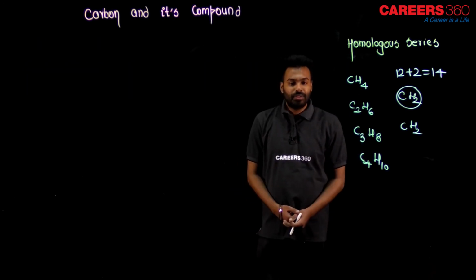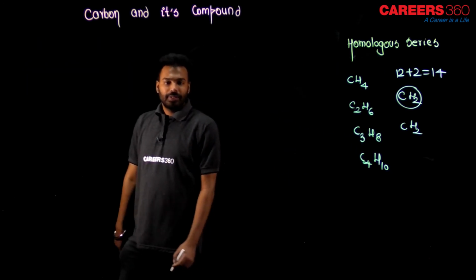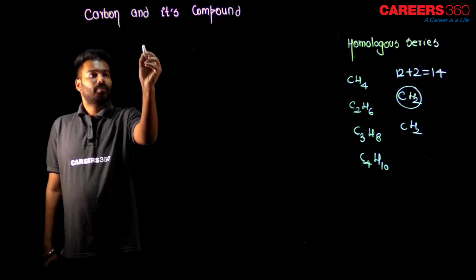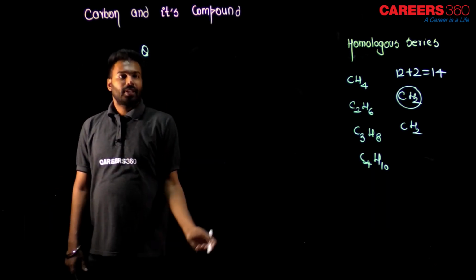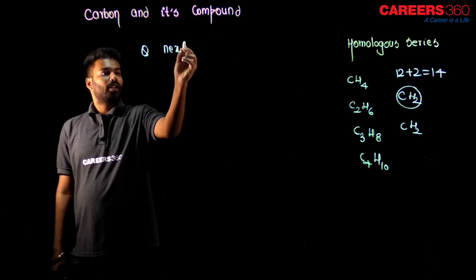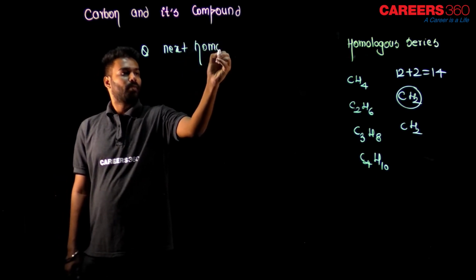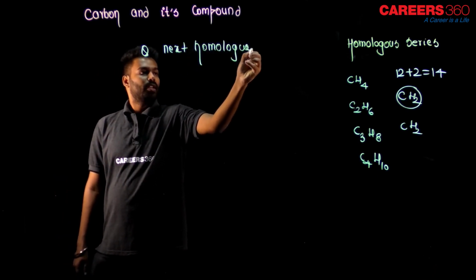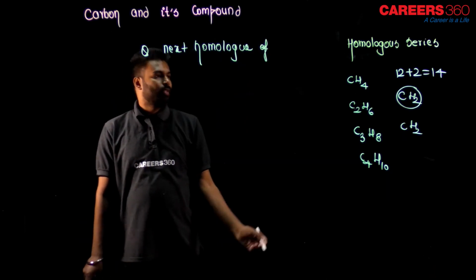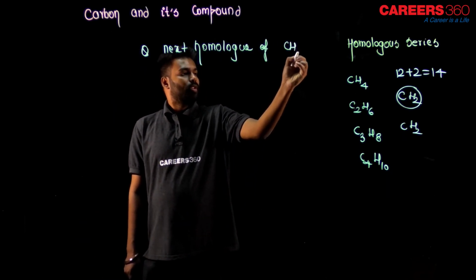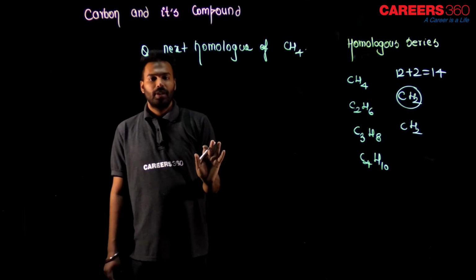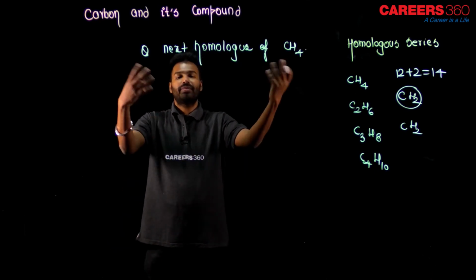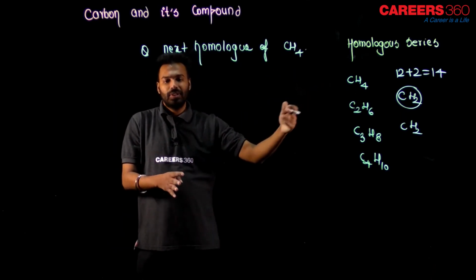See a few examples of homologous series. Suppose the question says, write the next homologue of CH4. They may ask the question in some other way, like the next homologue of this alcohol, or that compound.